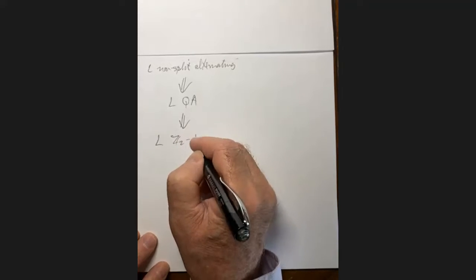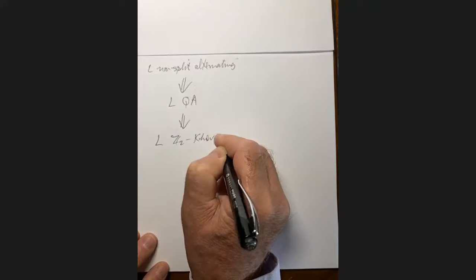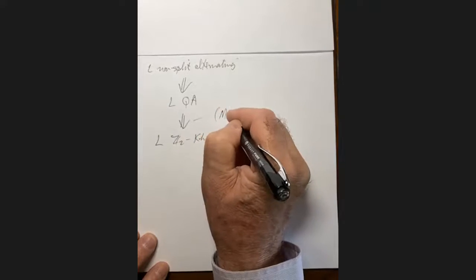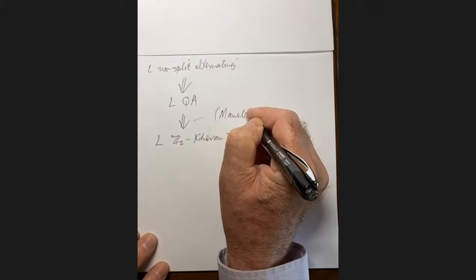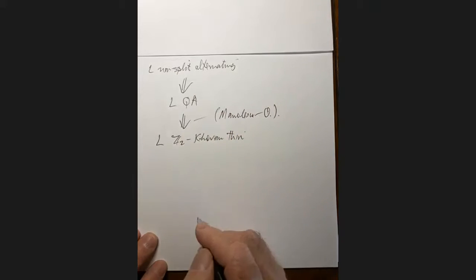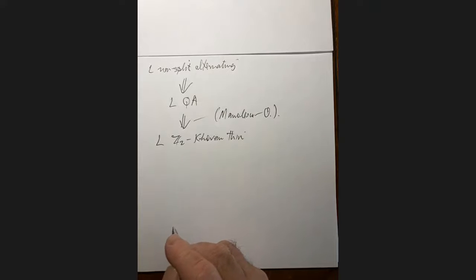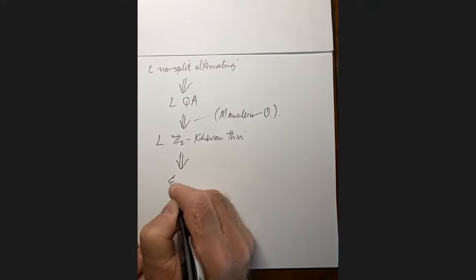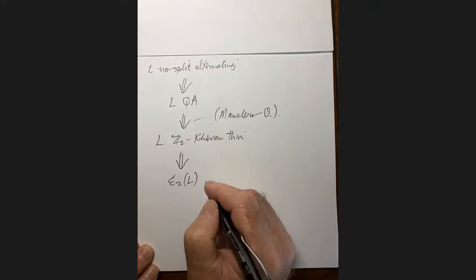So your Z2 Khovanov homology is thin. On the other hand, Ozsváth and Szabó showed that if you're Z2 Khovanov thin, then your double branch cover is an L-space.